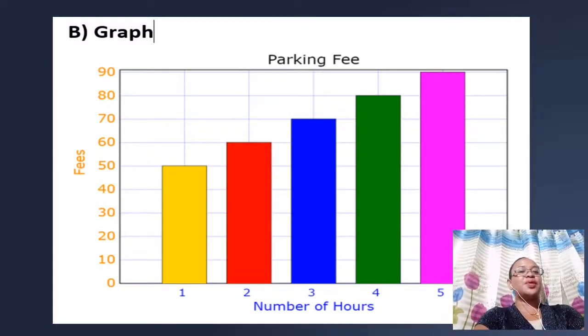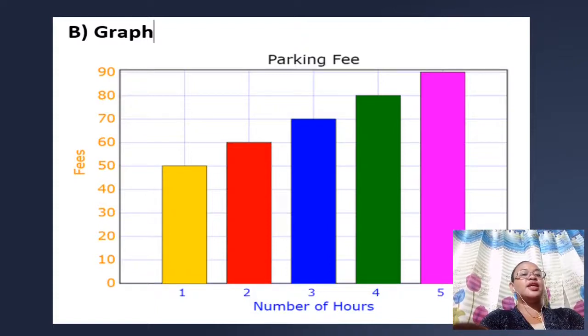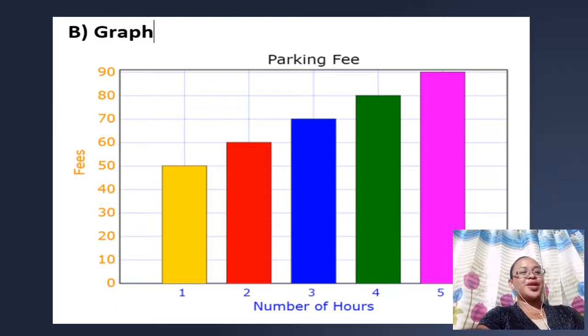For the second hour, we pay 50, and there's additional 10 pesos for each hour thereafter, so that becomes 50 plus 10. So our fee will become 60. So that's in the 60, and then it intersects with the number of hours, that is 2. That is why the red bar is our payment for 2 hours of parking.